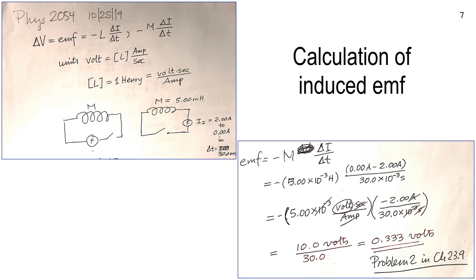Oh, by the way, let's look at the units before we do the calculation. Volt is equal to the units of L times delta I, so that's amperes, and delta T is in seconds.